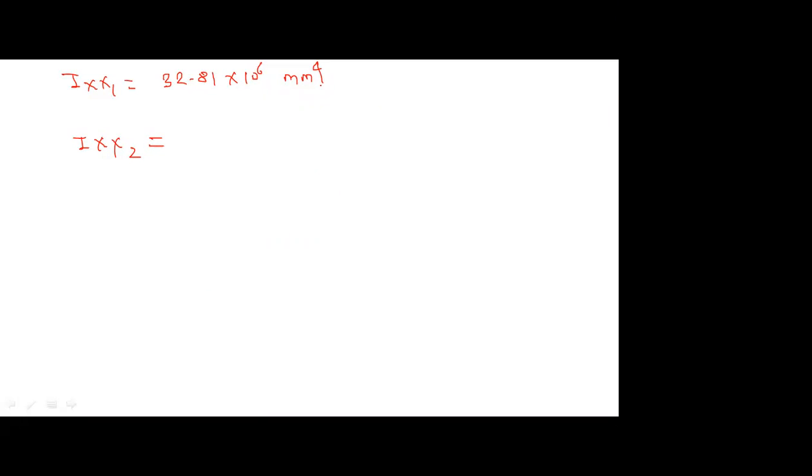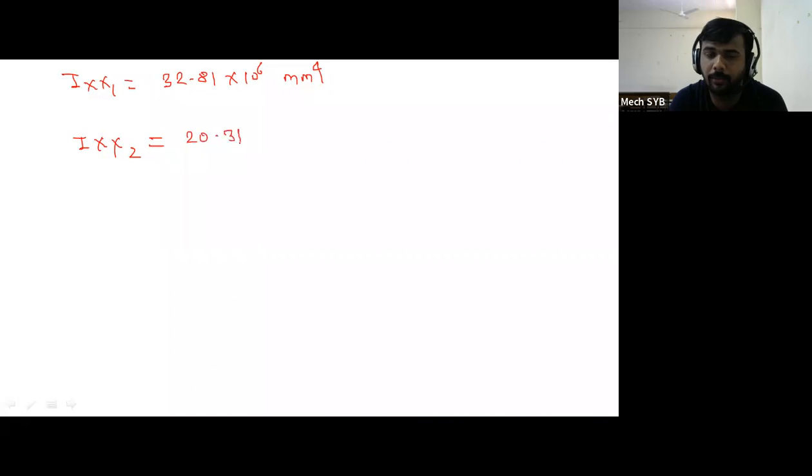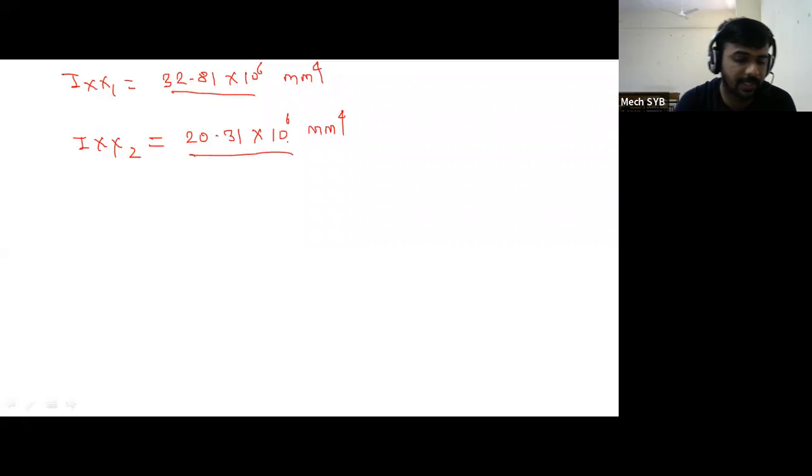Ixx2 is equal to 20.31 into 10 raised to 6 mm raised to 4. Correct. So this is Ixx1, this is Ixx2. Everyone, please do the calculations and send the answers in the chat box, whether it is coming or not after calculation.